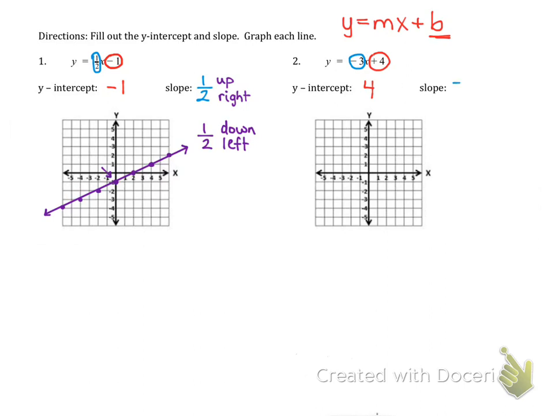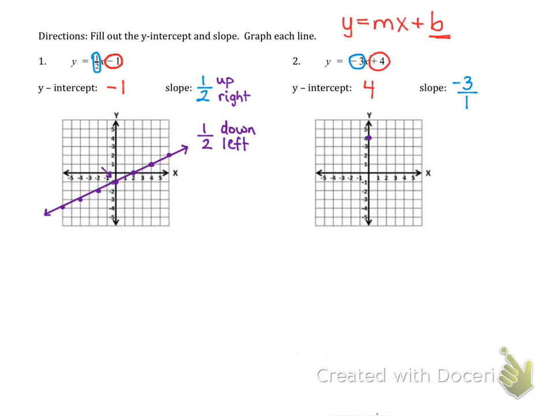I'm going to write -3 as a fraction, so -3 over 1. Now when I graph this, I'm going to start with our y-intercept, which is the point where the graph touches the y-axis. So I'm going to begin at 4. So I put a point there.